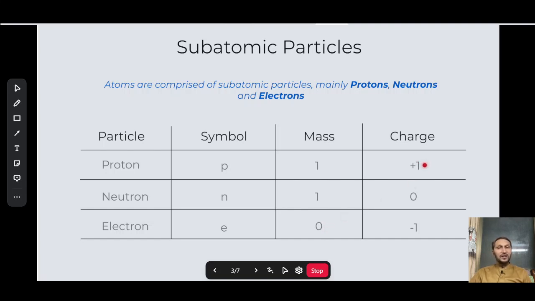While on the other hand, in terms of charge, electron has a value. Its charge is equal to proton but opposite to proton. Like proton has +1 charge, electron has -1 charge. So these are some basic details of the subatomic particles.